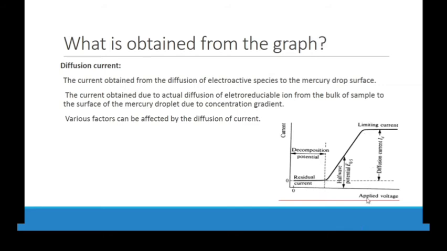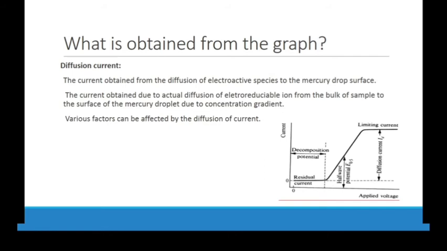The current obtained is due to actual diffusion of electroreducible ions from the bulk of the sample to the surface of the mercury droplet due to concentration gradient. Because of concentration gradient and diffusion, our electroactive species will cross the double layer also, reach the surface of the mercury drop, and reduce there.